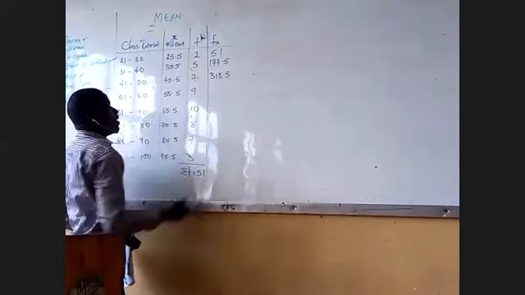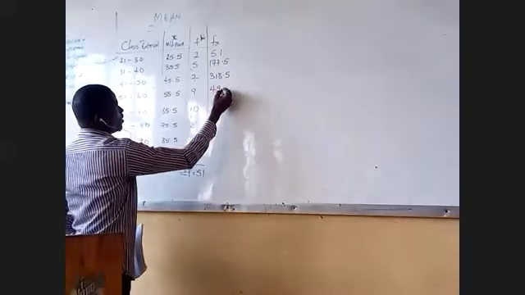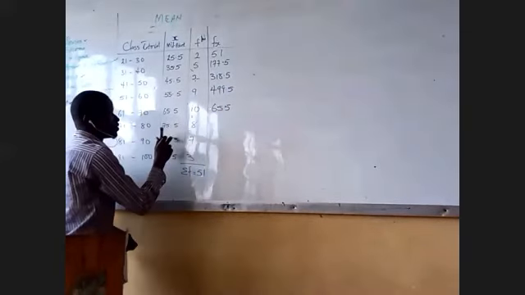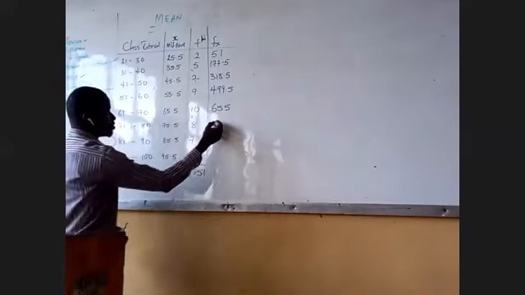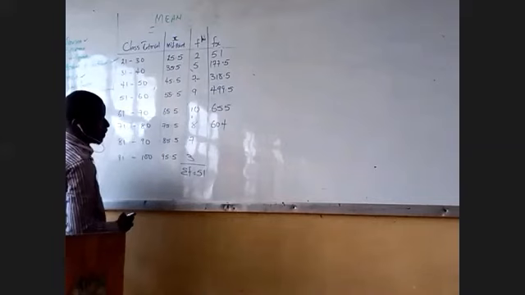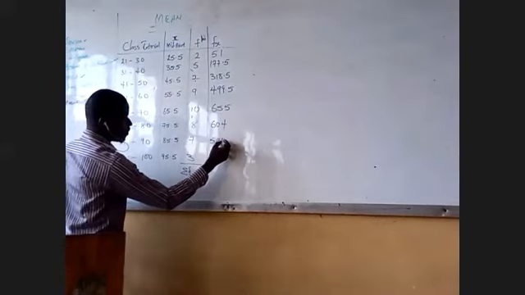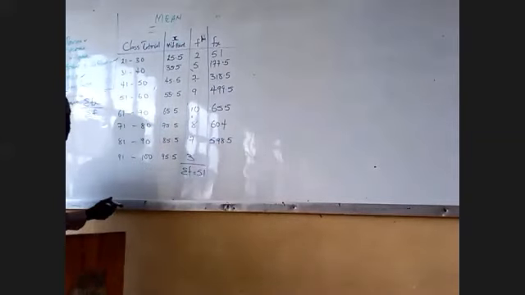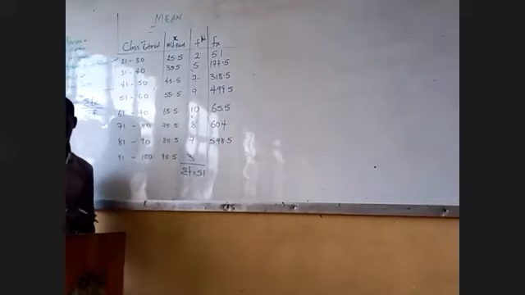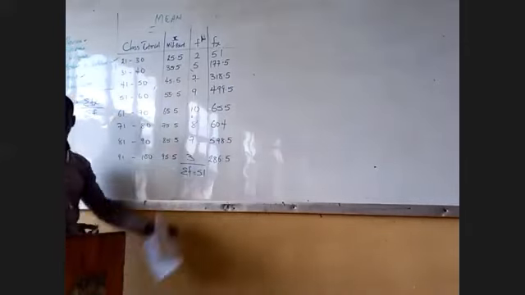Okay, 9 multiplied by 55.5, 499.5. 10 multiplied by this, 655. 8 multiplied by this, 604. 7 multiplied by this, 598.5. And then 3 multiplied by 95.5, 286.5. Right? I've done my fx.